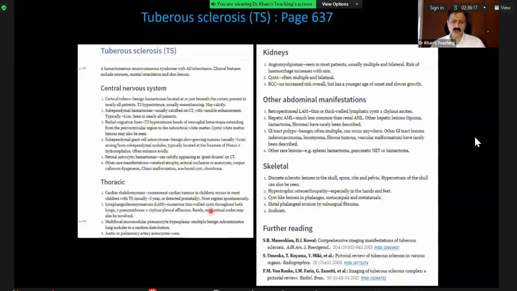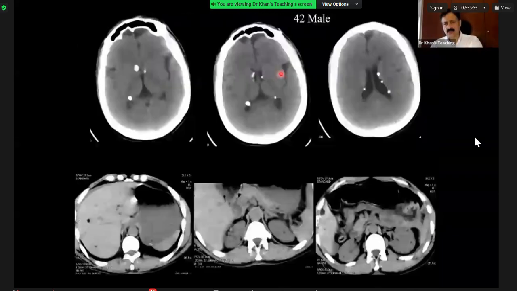This is from your book, Tuberous sclerosis. And it's a good idea to read it from here, and you can make your long cases from here, particularly cardiac rhabdomyoma and lymphangiomyomatosis. Other than that, kidney lesions are also important, particularly angiomyolipomas.